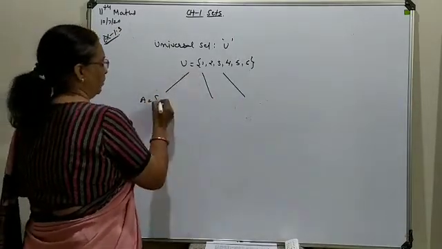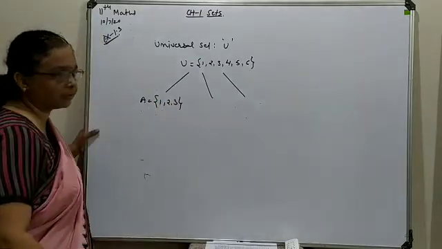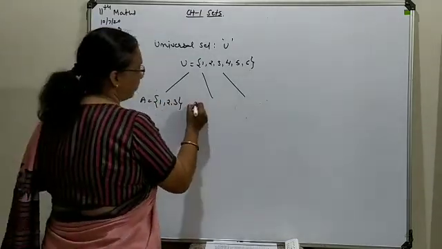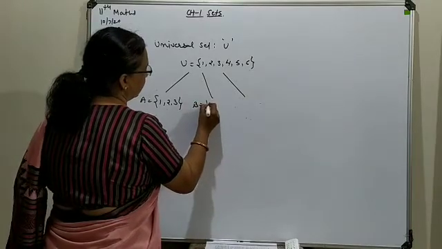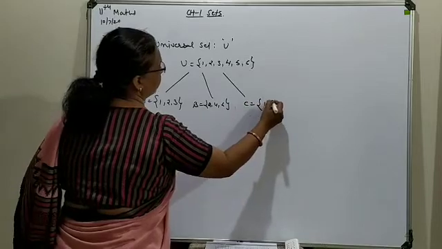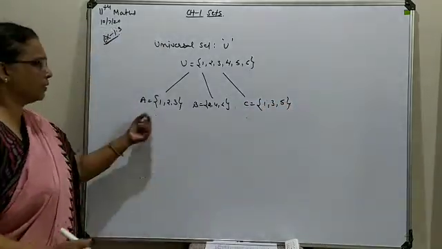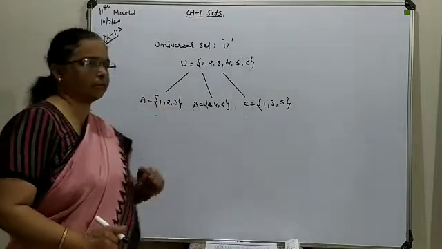3 different groups with different combinations, suppose A we have formed as 1, 2, 3, suppose B we form as 2, 4, 6, suppose C we have formed as 1, 3, 5. So this way various combinations, or various small sets, we can generate.